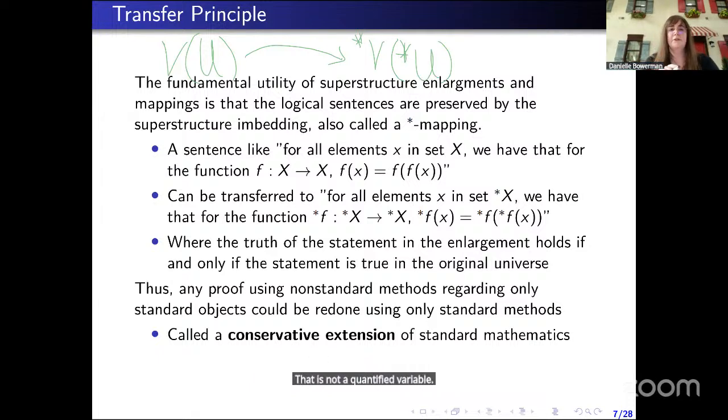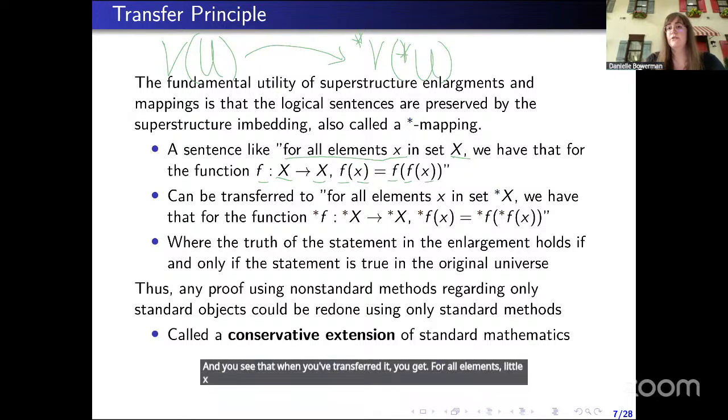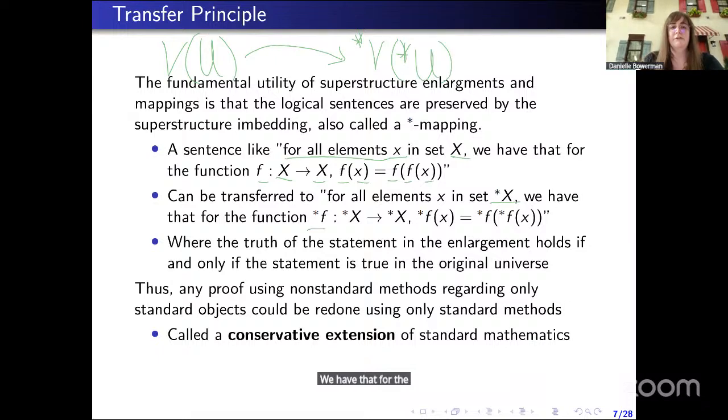So for example, a sentence like, for all elements x in set big X, we have that for the function f from big X to big X, f of x equals f of x. And you see that when you've transferred it, you get for all elements little x in set star of big X, we have that for the function star of f, from star of big X to star of big X, star of f of x equals star of f of x.